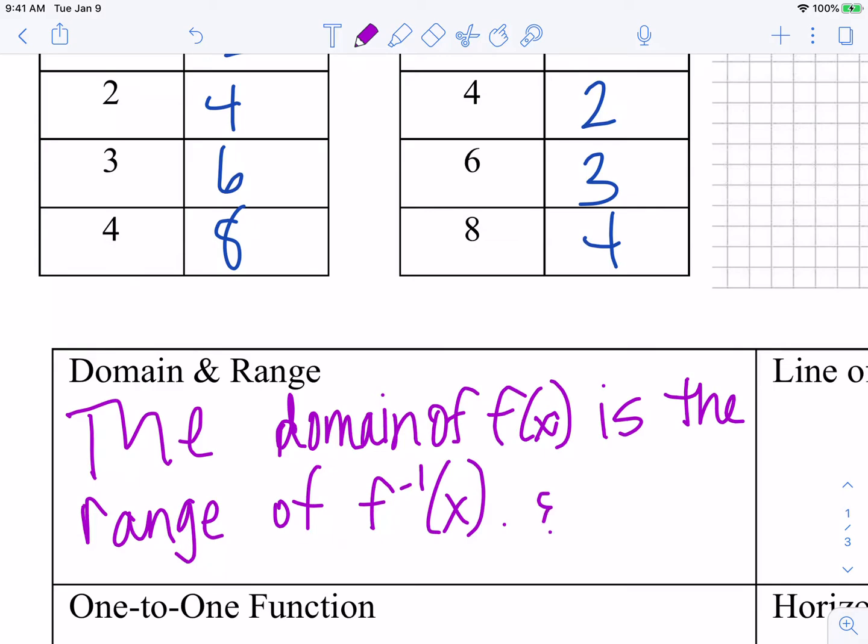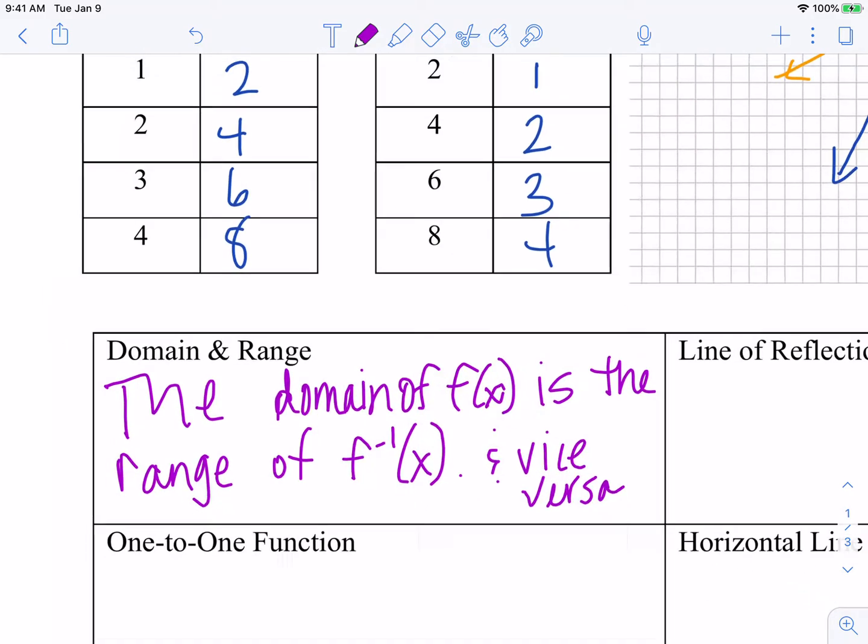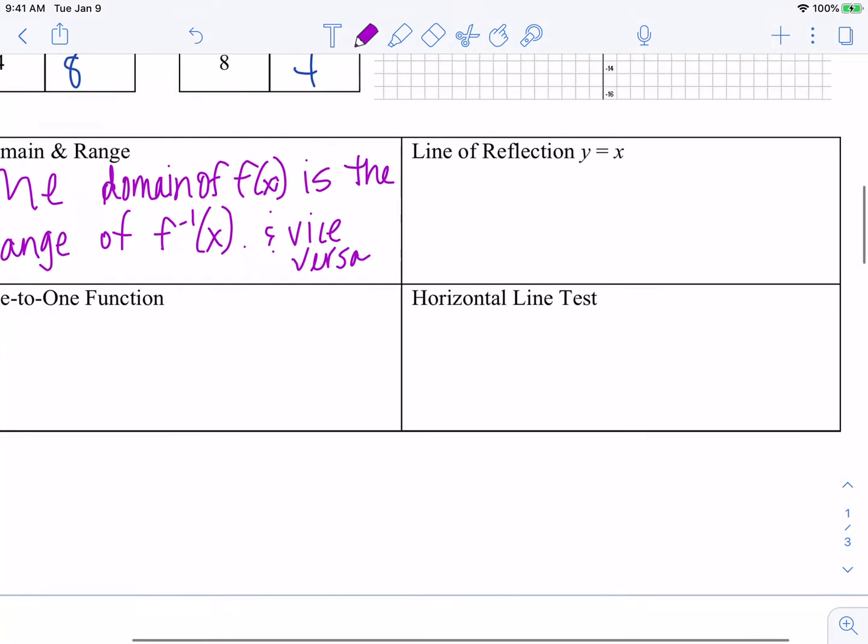And vice versa. So the range of the function is also the domain of the inverse.